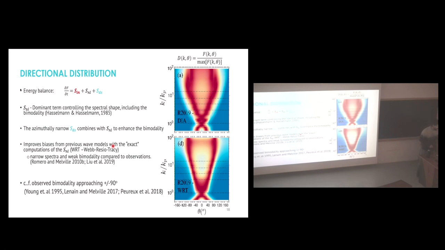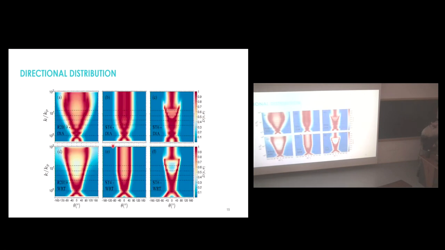Now, if you compare that, so it's DIA on the top, WRT in the bottom, with ST4 and ST6, you clearly see that neither of them gets as broad, as you can see on the left-hand side with the narrow dissipation function. So it's pretty clear.